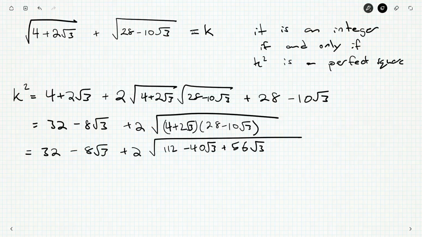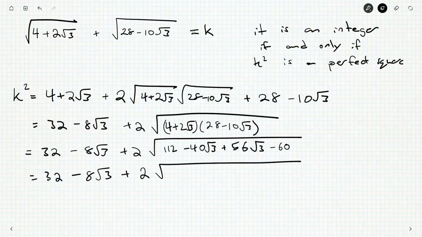And then minus 10 times 2 is minus 20. Root 3 times root 3 is 3. So that would be minus 60. Okay. So 32 minus 8 root 3 plus 2. And then 112 minus 60 is something, 52. And then negative 40 plus 56, that leaves 16 root 3.